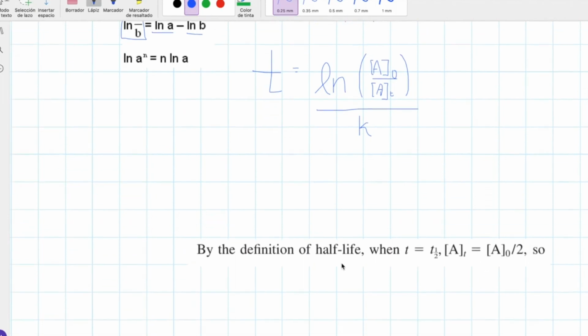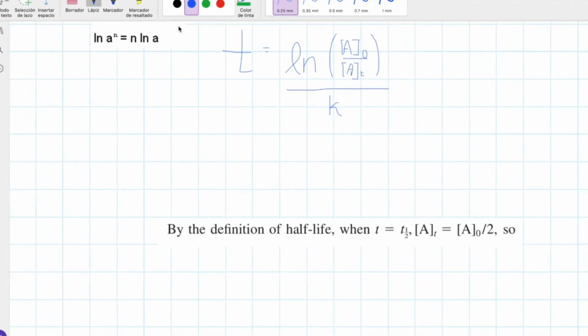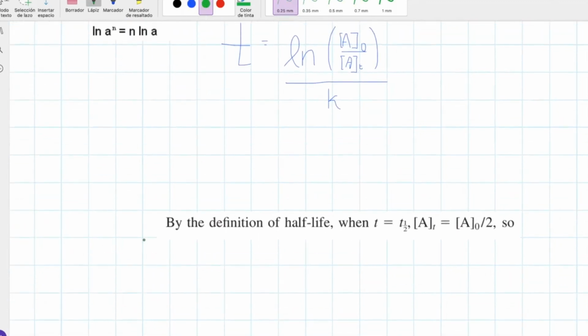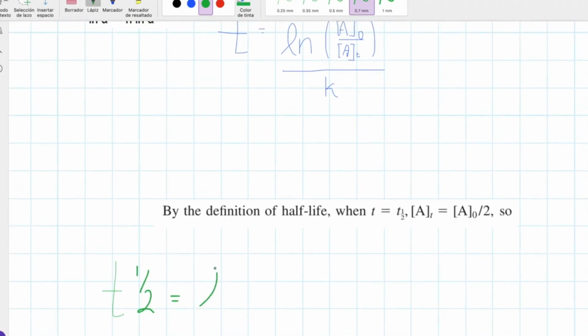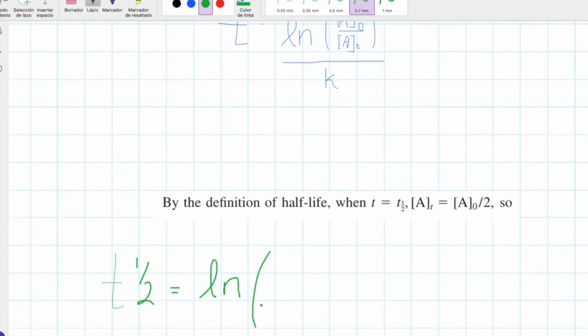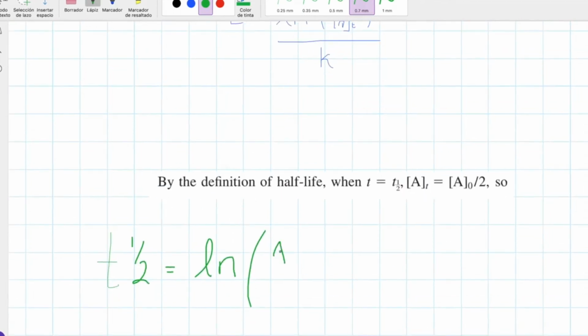So now that we solved for t, we want to solve for a half-life equation. Remember that t is going to be T1/2, and our current concentration is going to be initial concentration over 2. So let's go ahead and change our formula. Modified, it's basically the same, but for half-life.